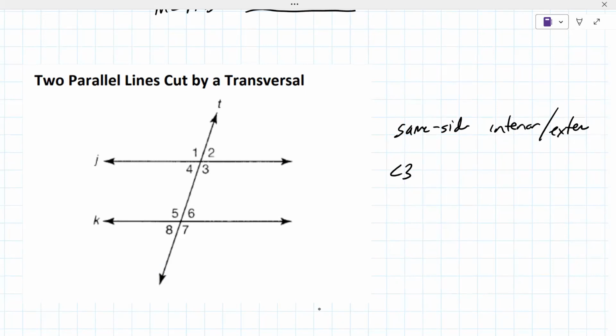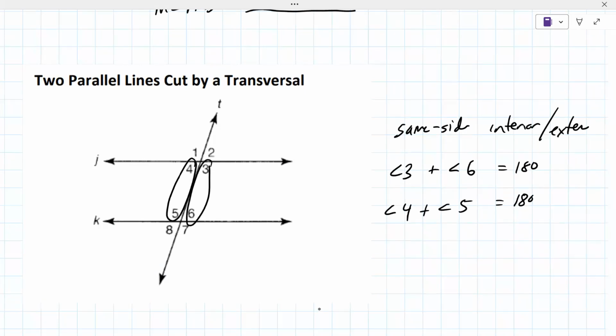So it's like angle 3 plus angle 6, those add up to 180. Angle 4 plus angle 5 equals 180. It's also true that angle 1 plus angle 8 equals 180, and angle 2 plus angle 7 equals 180.